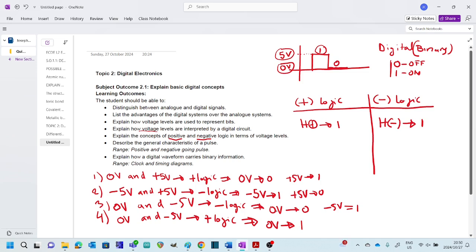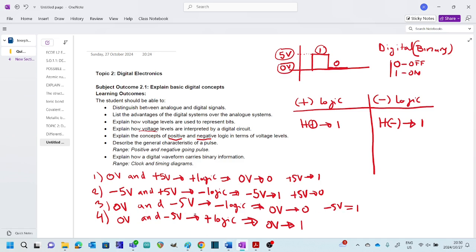Why? Do you see the difference between example 3 and example 4? In example 3, we have two voltage levels, 0 volt and minus 5 volt, operating in negative logic. In negative logic, our interest is in the highest negative voltage, which gets a 1. So 0 volt represents a 0 and minus 5 volt represents a 1.